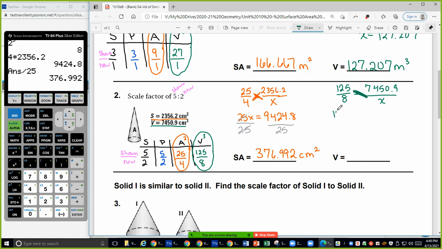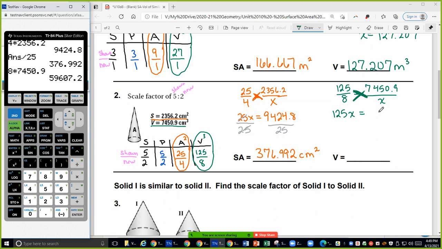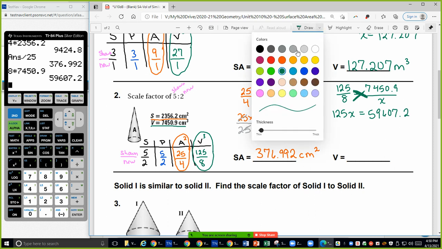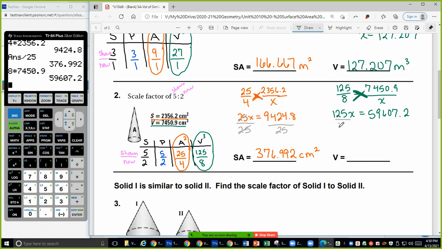X times 125 equals 8 times 7,450.9. 8 times 7,450.9 is a big number, 59,607.2. I'm trying to solve for x, so I'm going to divide both sides by 125.